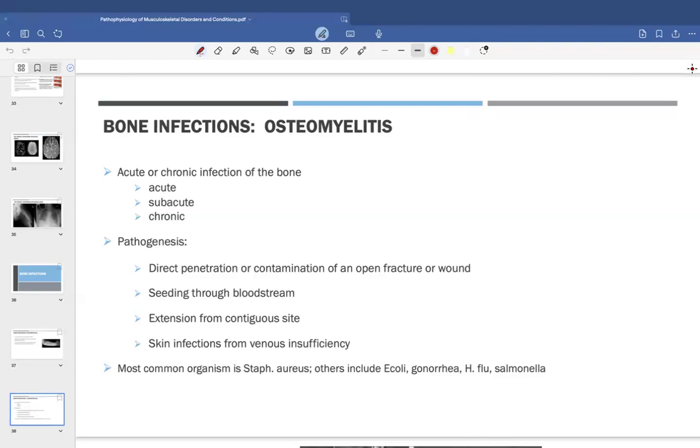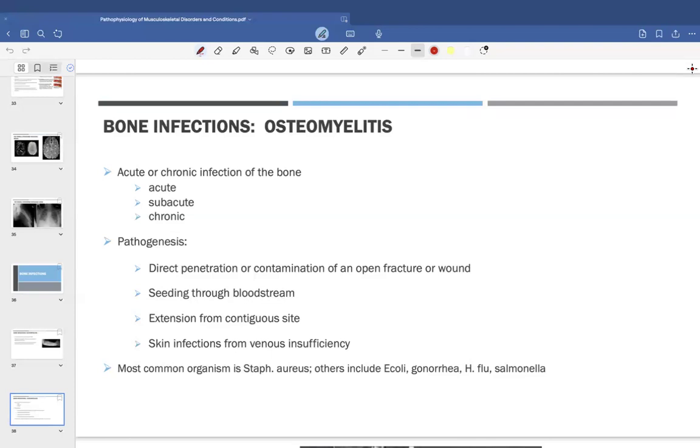So anyway, let's say you have cellulitis, or a skin infection, or somebody who injected and got a subcutaneous abscess, that can now spread through the tissues to the joint.